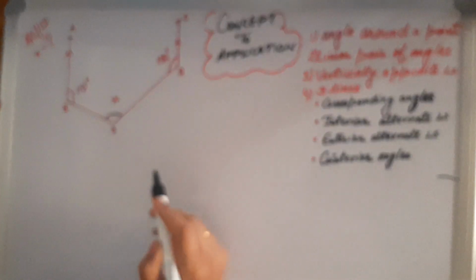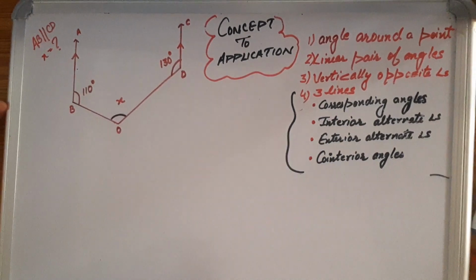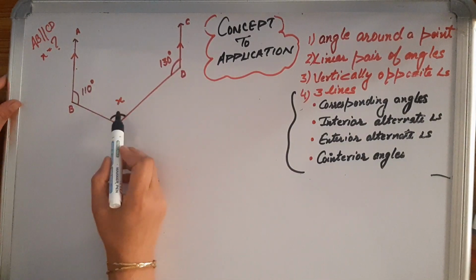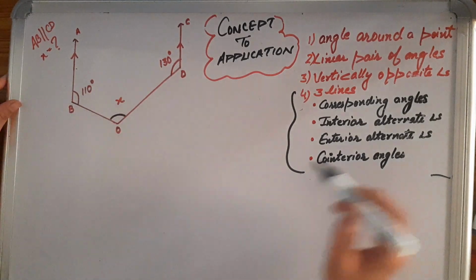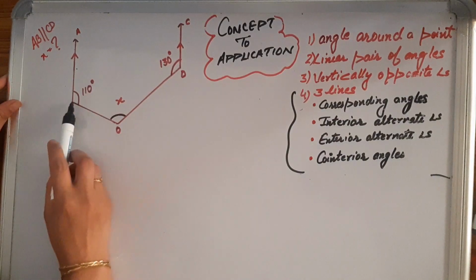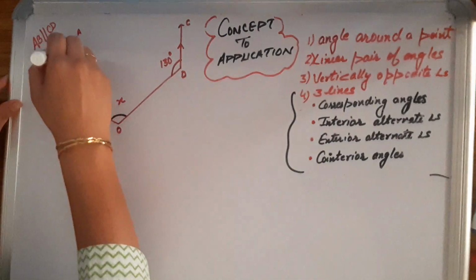When it is given AB parallel to CD, straightforward, our concept takes us to the fourth concept. If we have to find x and 110, do they have any relation? Are they corresponding, interior alternate, exterior alternate, or co-interior? If I highlight, this is 110 and this is x.